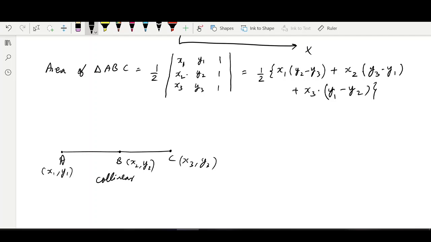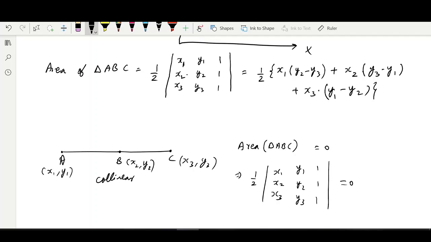Now as these 3 points are collinear, they cannot form a triangle. So the area of the triangle using these 3 points will come out to be 0. That is half the determinant of x1, x2, x3, y1, y2, y3, 1, 1, 1 will be 0.